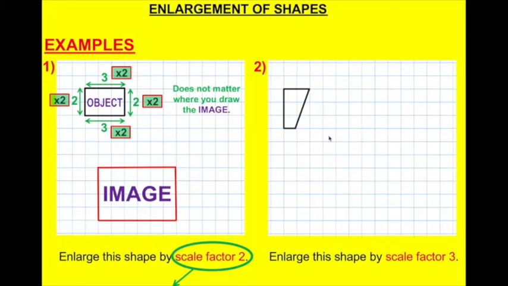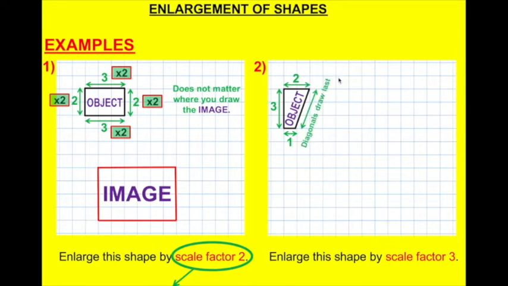Let's move on to the second example. So given this object, the instruction says enlarge the shape by scale factor 3. Okay, so here are the lengths.